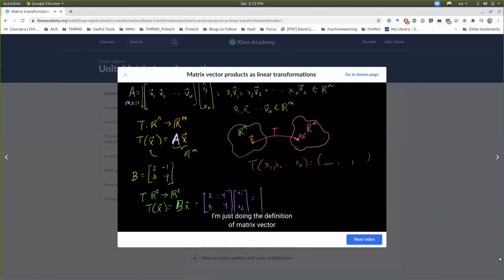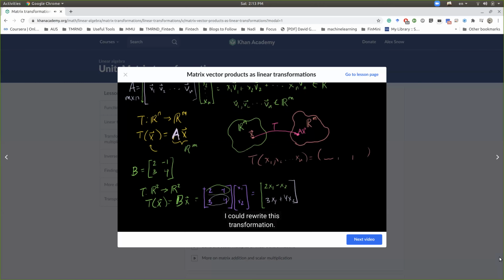I'm just doing the definition of matrix vector multiplication. 2 times x1, 2x1, plus -1 times x2, or minus x2. That's that row times our vector. And then the second row times that vector, we get 3 times x1 plus 4 times x2.